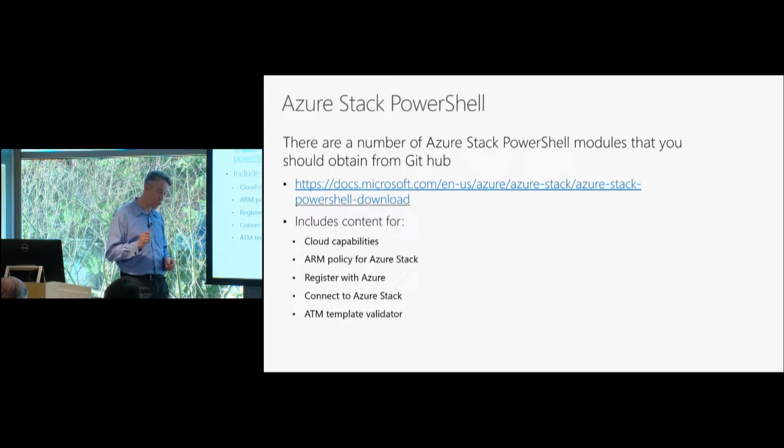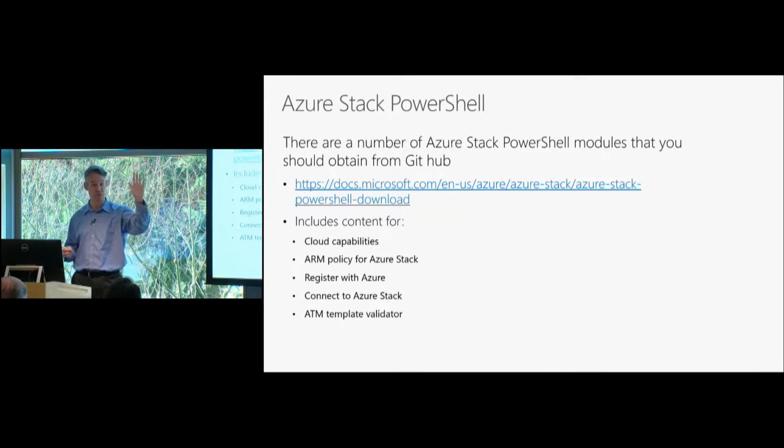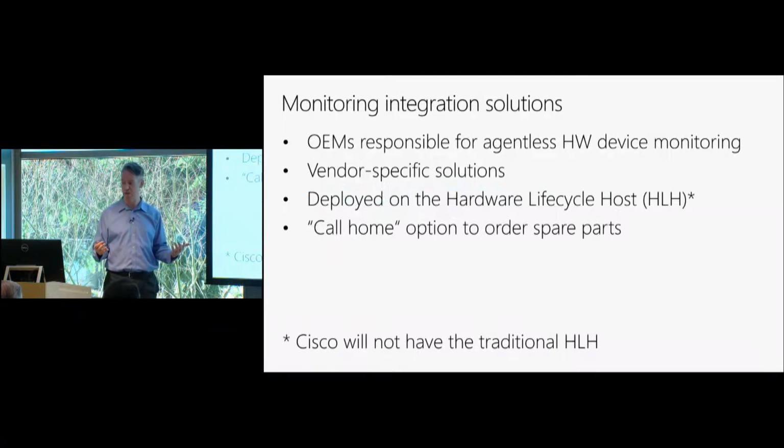When you go to your lab environment today, this step has already been done for you. On the host that's running the Azure Stack development kit, the most current PowerShell Azure Stack modules have already been downloaded. But if you're starting from scratch, you'd have to go to Git and download them yourself. So that's almost always the number one step.